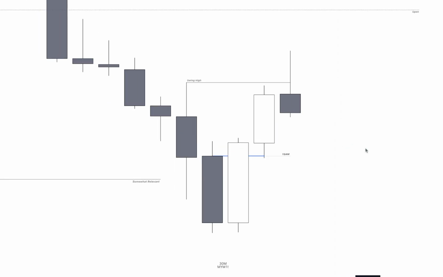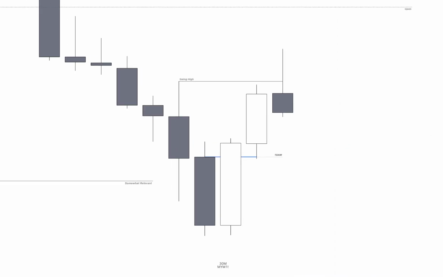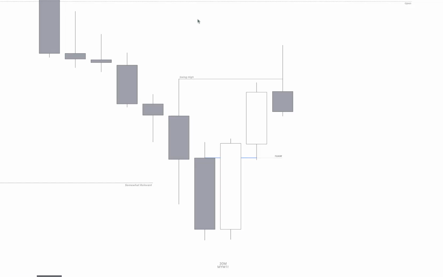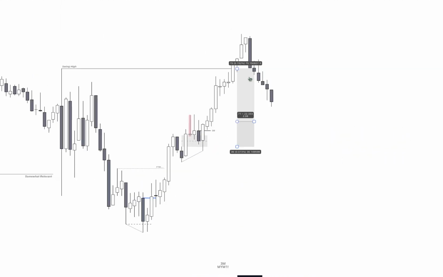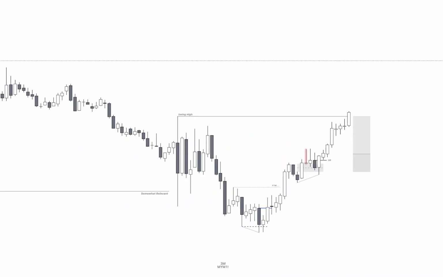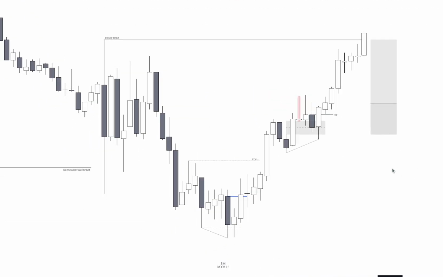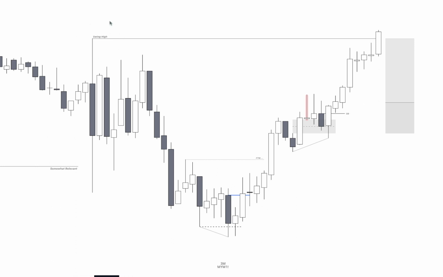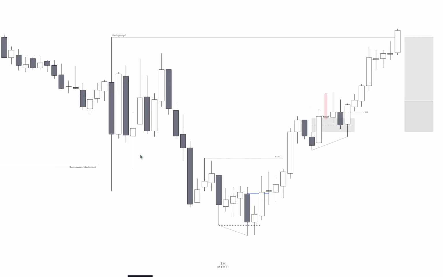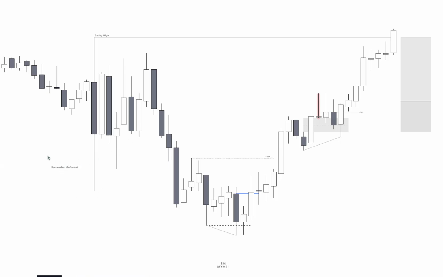So this is how I mechanically enter the trade. And the 3-minute. So here, swing high, the low. See, when we hit the relevant point, we did not ever create a reversal. All it did was consolidate.